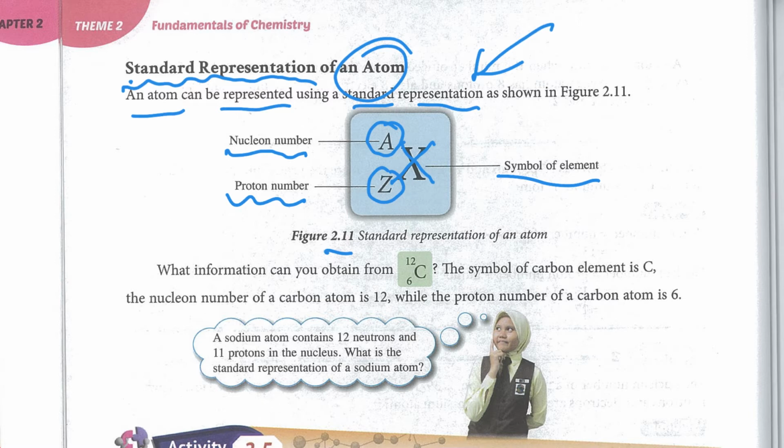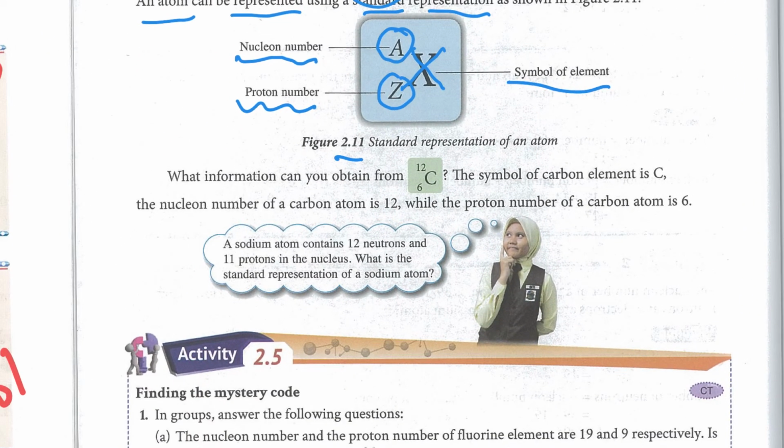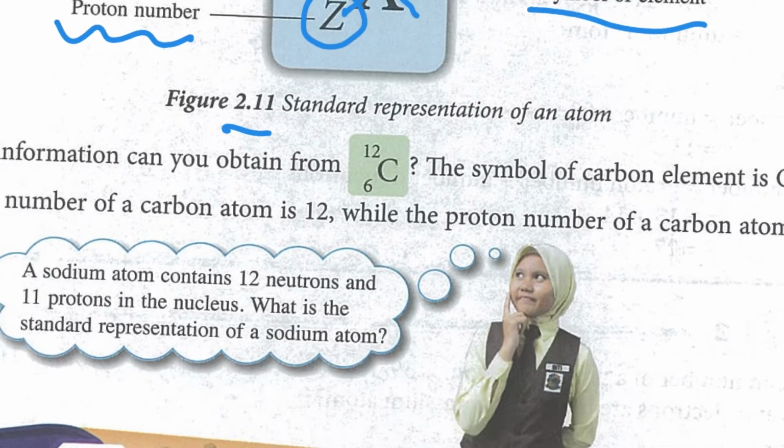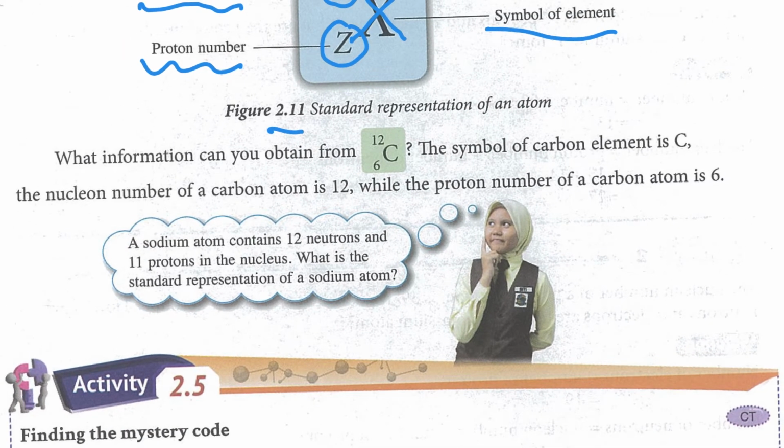When we see a standard representation of an atom, we will be able to find some information. What information can you obtain if you see a symbol like this? Let us look at the symbol. C, you can see there is a C as the symbol of the element, 6 as the proton number, and 12 as the nucleon number. Those are the information that you can find.